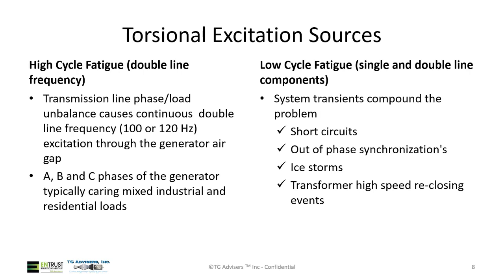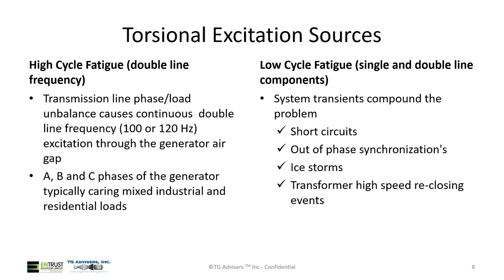A generator has three phases, or three lines that come out of it, A, B, and C phase, because we have three-phase power. What can happen is maybe phase A is at 110 megawatts. Phase B has a bunch of homes on it, and it's 80 megawatts. And then phase C is at 100 megawatts, and it has industrial loads.